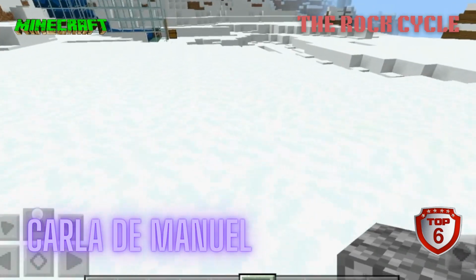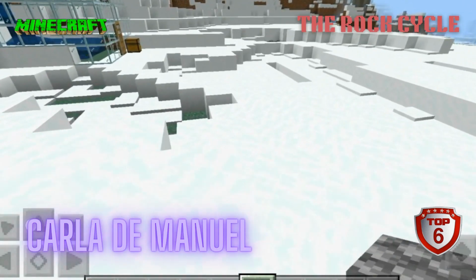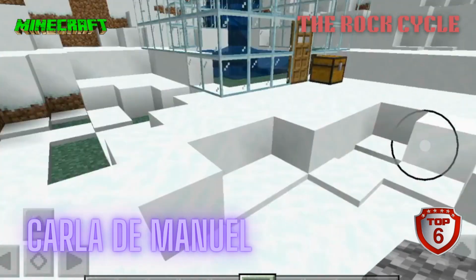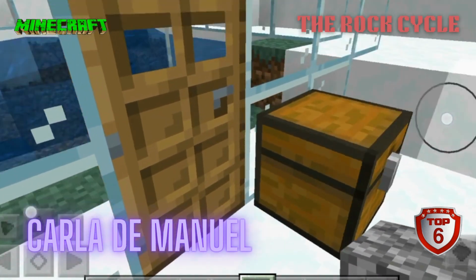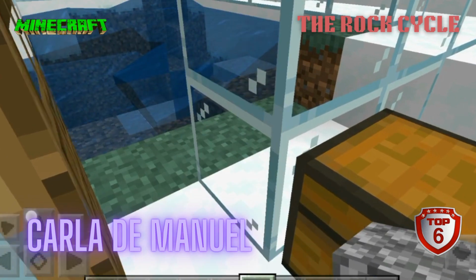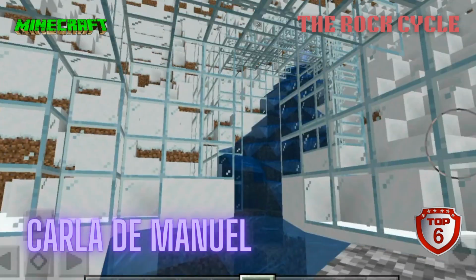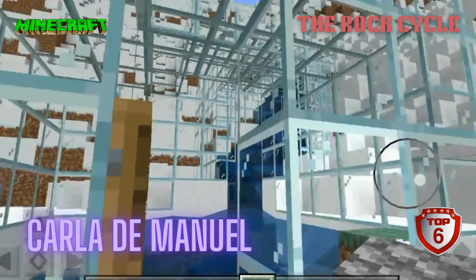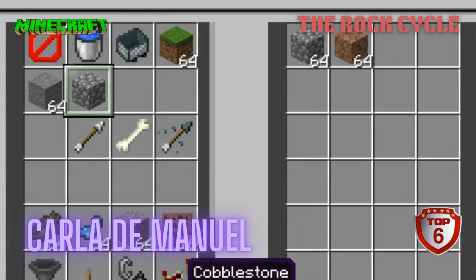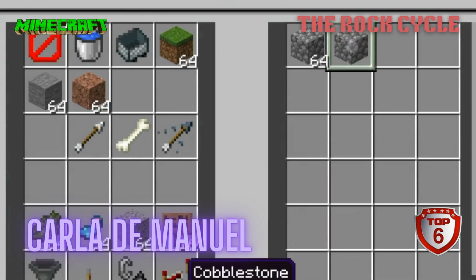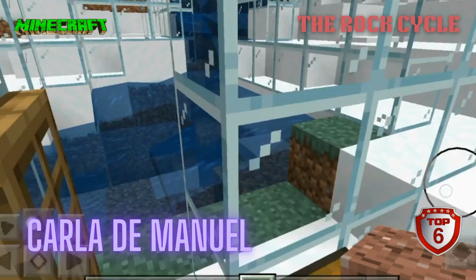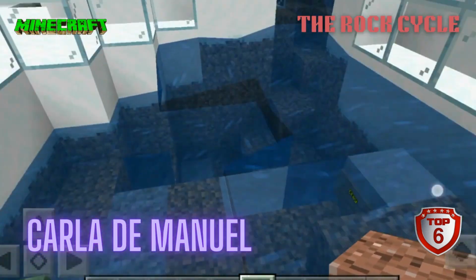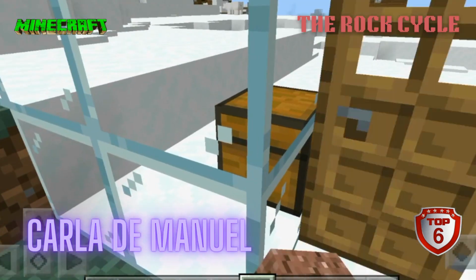The next step will be the metamorphic into sedimentary, and the igneous into sedimentary. I have to take the granite that is the intrusive rock, and the cobblestone is the metamorphic rock.